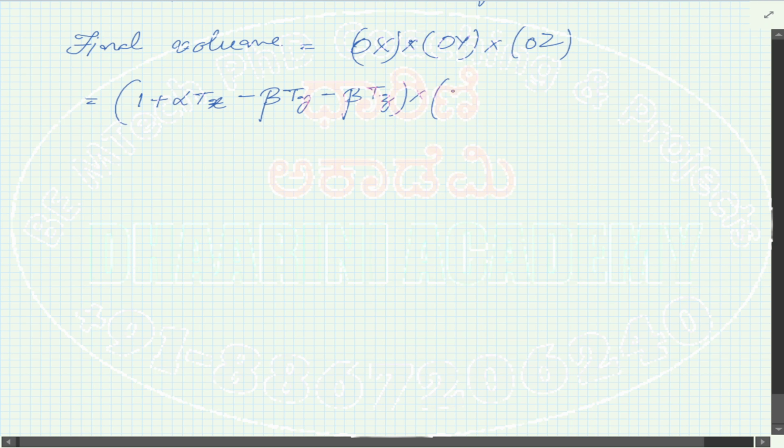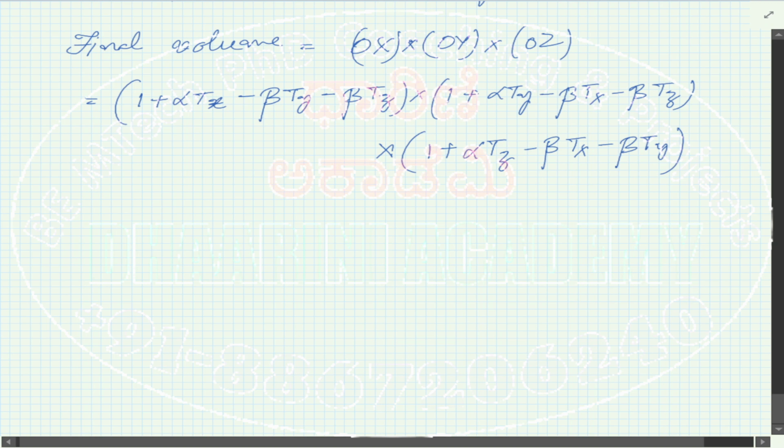Multiply this with OY, which is 1 plus alpha times Ty minus beta times Tx minus beta times Tz, and the last term, into 1 plus alpha times Tz minus beta times Tx minus beta times Ty. Now let us try to multiply.